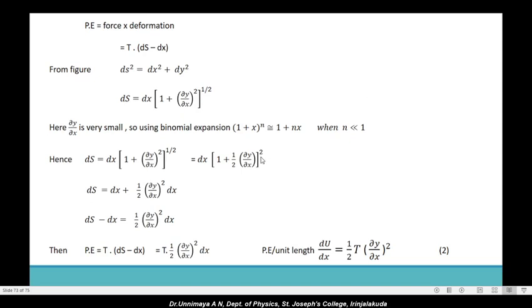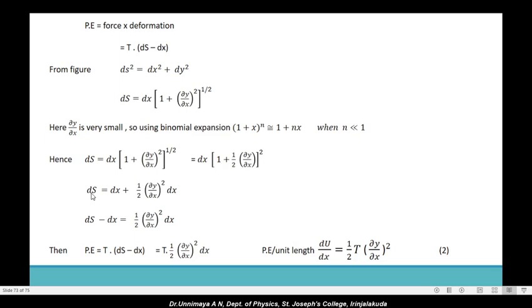This is a mistake from my side. This is 1 plus half in bracket dou y by dou x whole square, the square is inside this bracket. Please note this mistake. This is half dou y by dou x square into bracket.